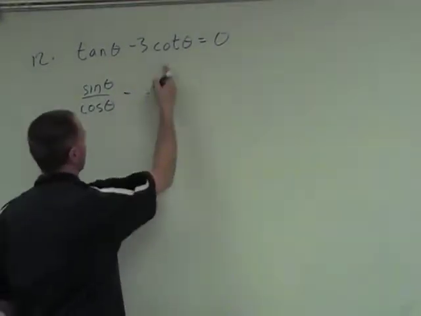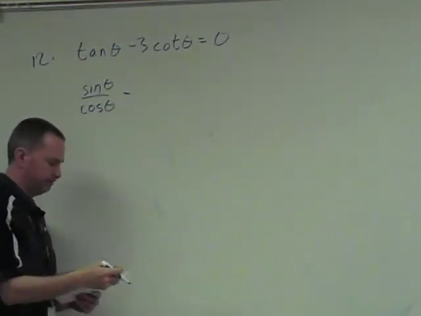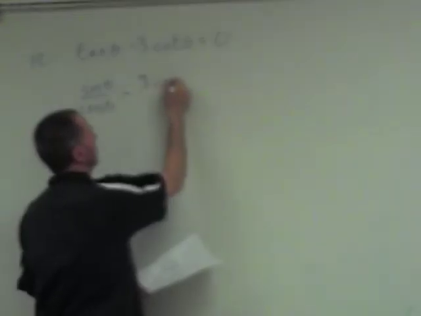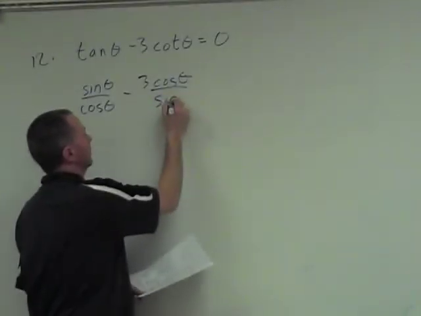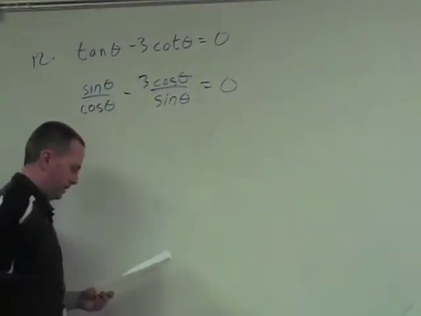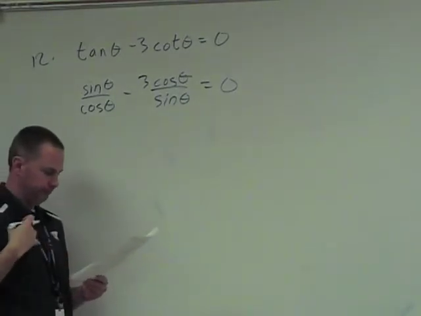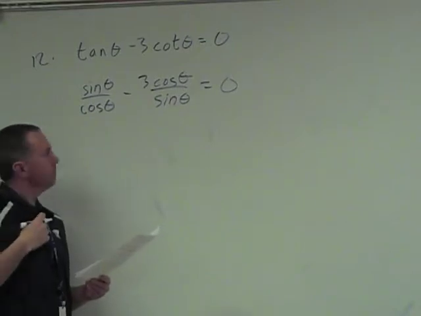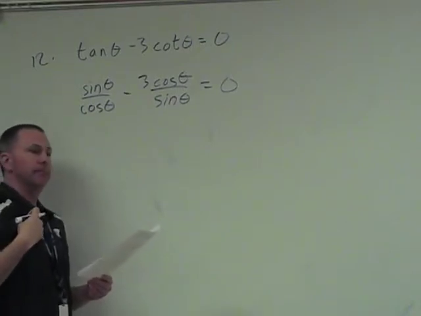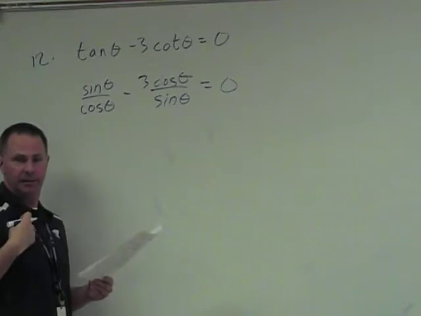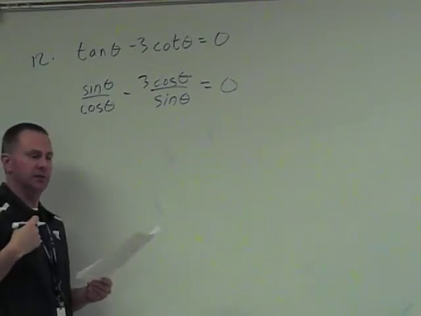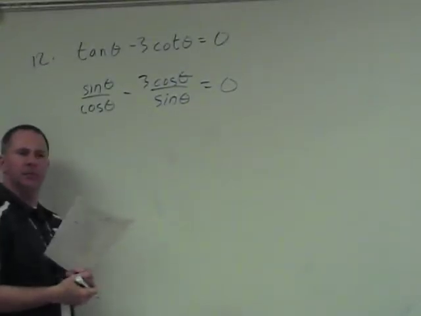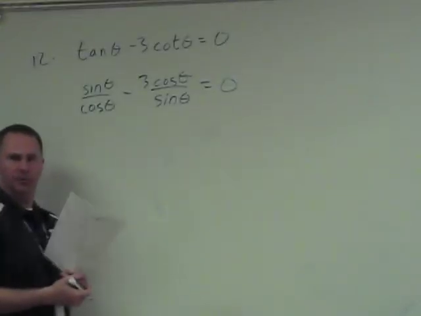Okay, minus, another thing for cotangent: cosine over sine. Excellent. Fractions. You have two fractions. What do you normally do when you have two fractions and there's addition and subtraction?